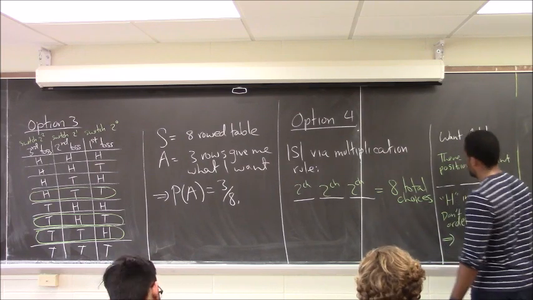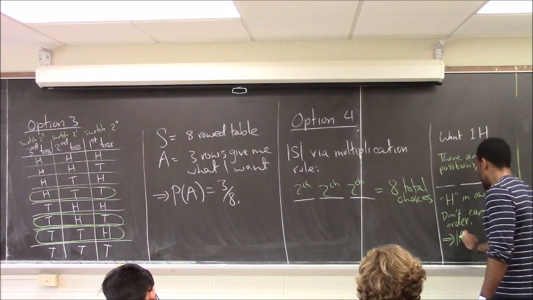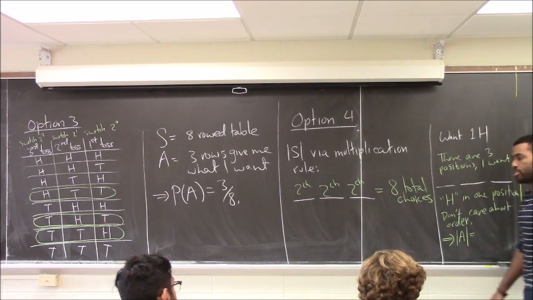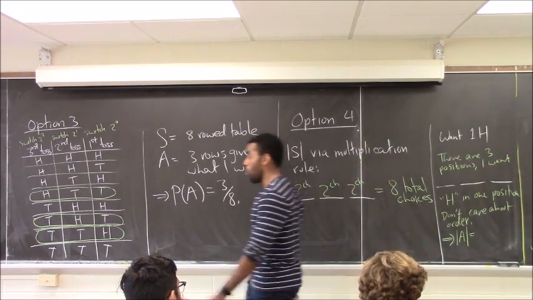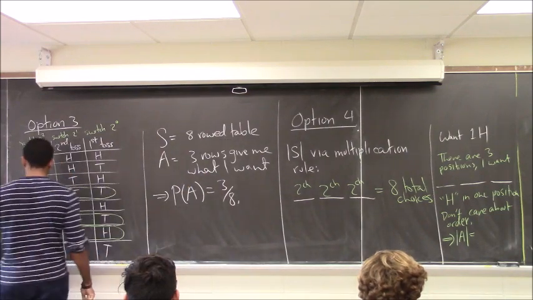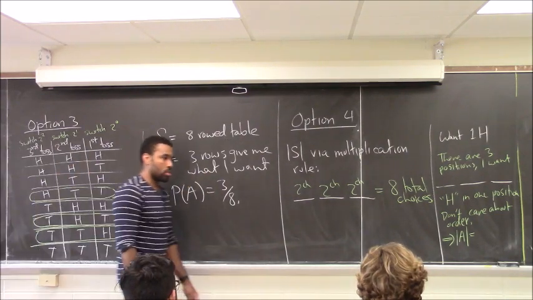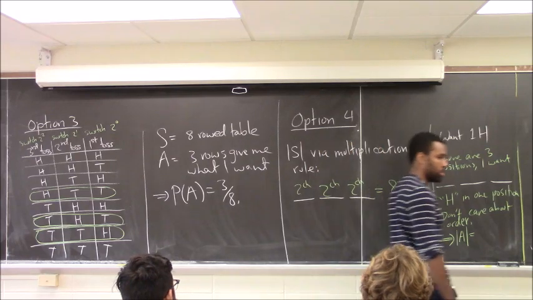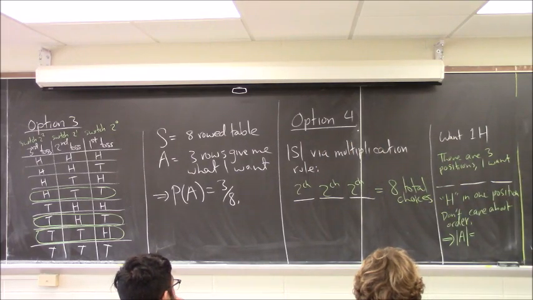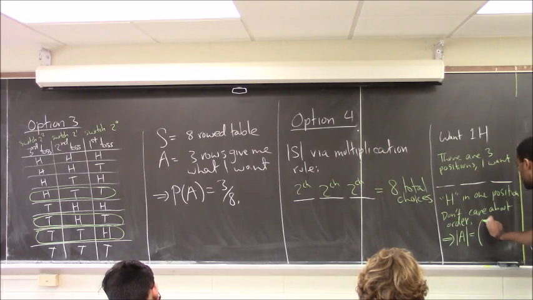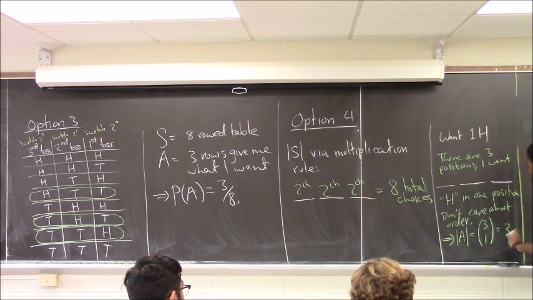This means, how many ways can I have my event? I have 3 positions. I care about one of those positions being filled in a very particular way without order. How many ways can that happen? 3 choose 1, that's a combination. That's 3.